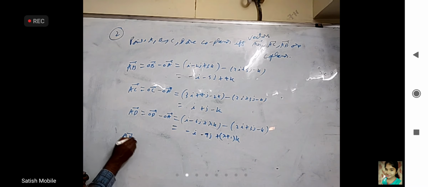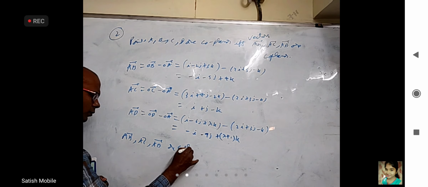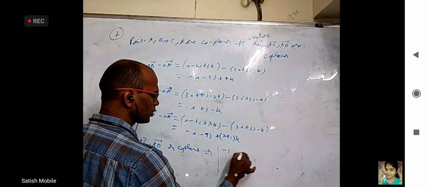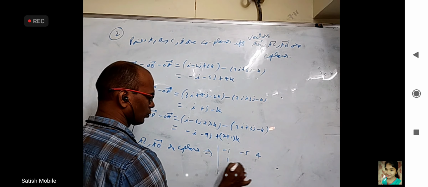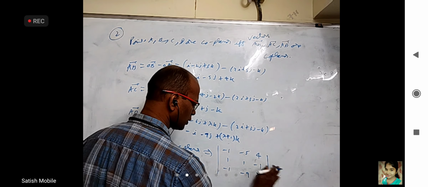Okay, so AB bar, AC bar, AD bar are coplanar implies that the determinant equals 0: minus 1, minus 5, 4; 1, 1, minus 1; minus 1, minus 9, lambda plus 1 equal to 0.